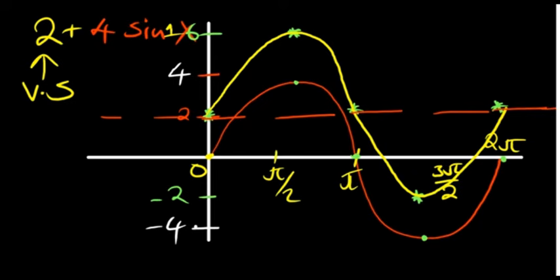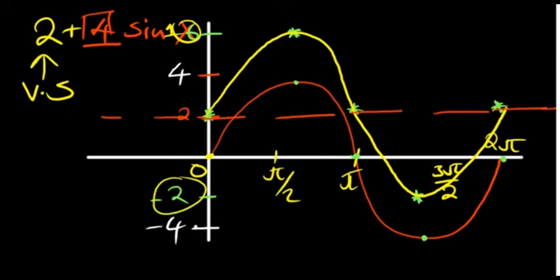How? You consider the amplitude of 4. So if you're at 2 as your 0 line, and then you had a 4, sorry, which is the amplitude in this case, it will give us a maximum of 6. And then if you subtract 4, it will give you a minimum of -2.